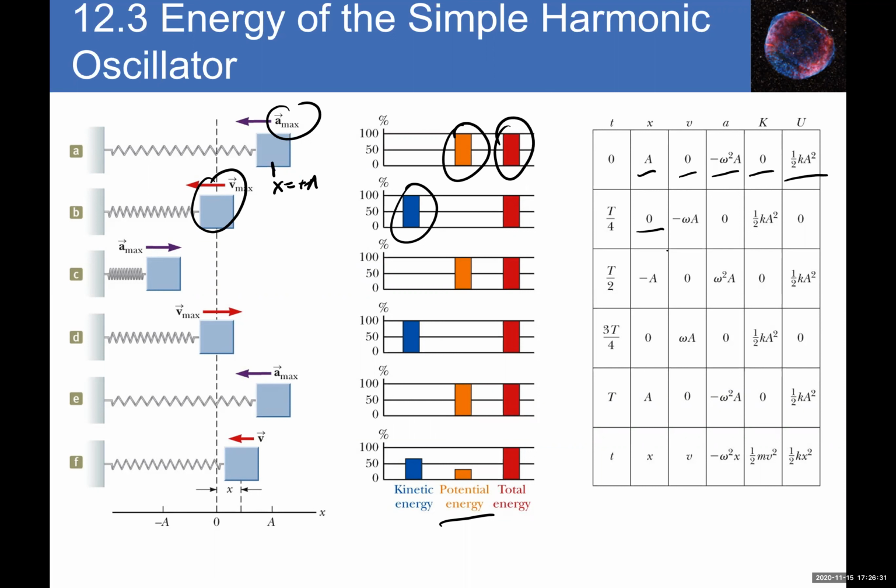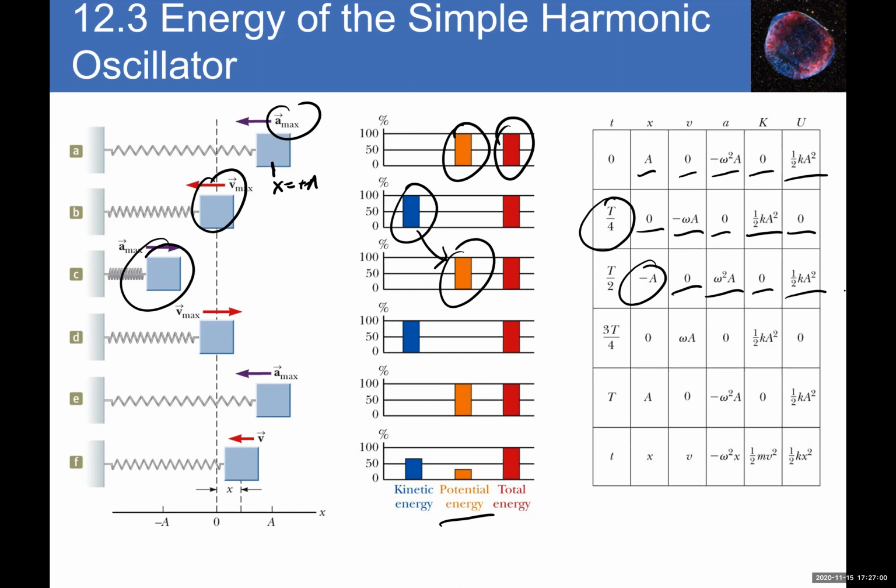Then when it reaches the equilibrium, all the potential energy is converted to kinetic energy. So position is 0, speed is the maximum, acceleration is 0, and kinetic energy is at its maximum, because all the potential energy is converted to kinetic energy. The time it takes is a quarter of the period. When it goes to negative a, all the kinetic energy is converted to potential energy again. Position is negative a, speed is 0, acceleration is maximum positive, no kinetic energy, and potential energy is maximum.